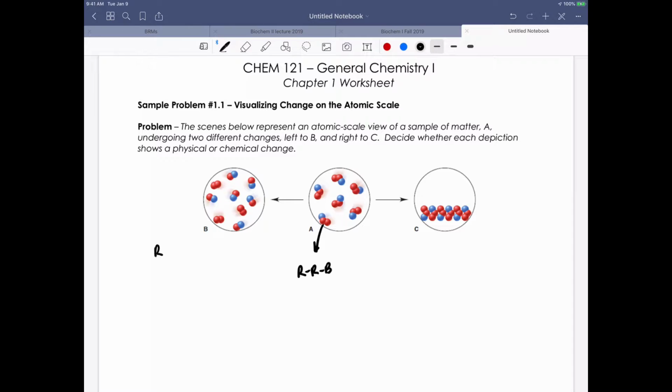Rather, we have molecules of two red atoms together, or we have red and blue atoms together. So because we've changed the physical composition, in reality, we've actually done a chemical change in converting this three atom species into two different two atom species. So this is a chemical change.